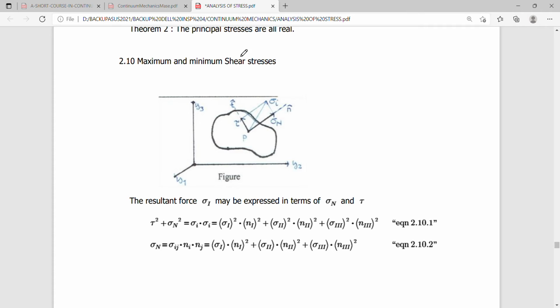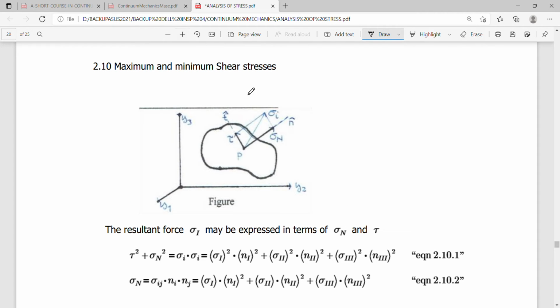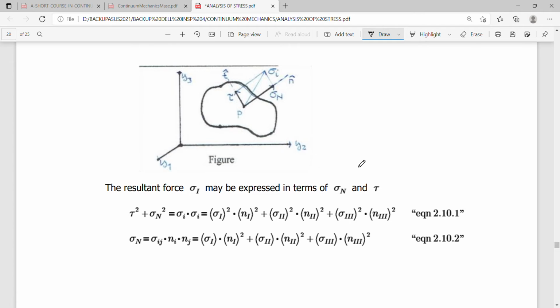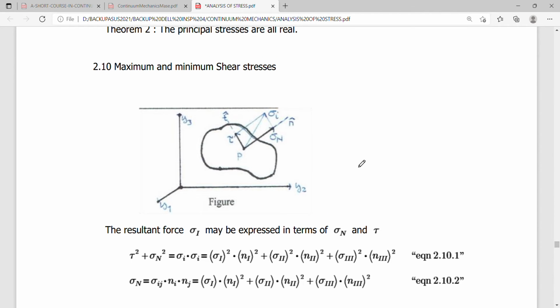So let's consider here the figure of a continuum or a body, upon which at a certain point P on the surface, a vector sigma I represents the stress tensor, upon which a normal vector n is made to be directed on the surface upon which P is located.